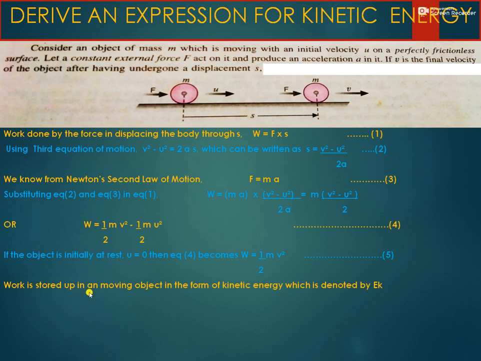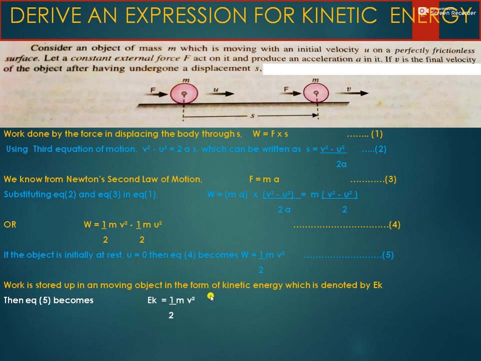So work is stored up in a moving object. Since the object is moving, the work is stored in the form of kinetic energy, which is denoted by Ek. So instead of W, we will substitute Ek, because the work is being done in the form of kinetic energy. So Ek we will write as half mv square.